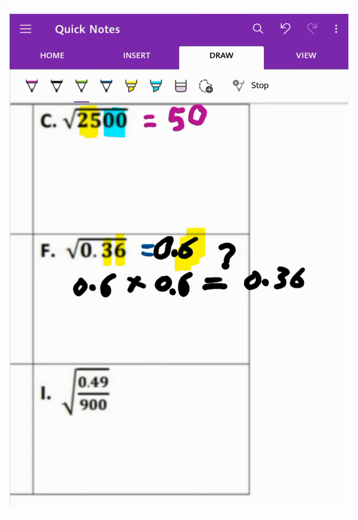Because when you multiply decimal numbers in grades 4, 5 and 6, you just multiply the numbers, 6 by 6 equals 36, and you count the digits after the decimal point, which is 2 digits. So you need two digits after the decimal point in the product, so you set the decimal point here. It is equal. So the answer is correct.